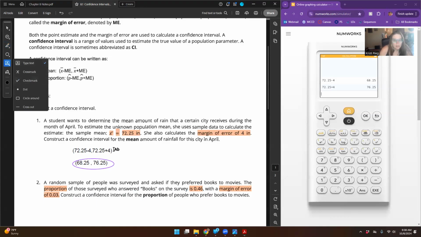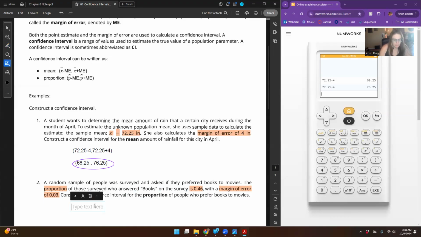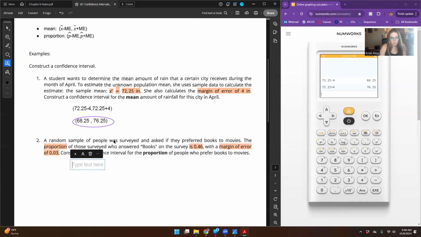So our confidence interval is going to be our proportion minus our margin of error, comma, our proportion plus our margin of error.